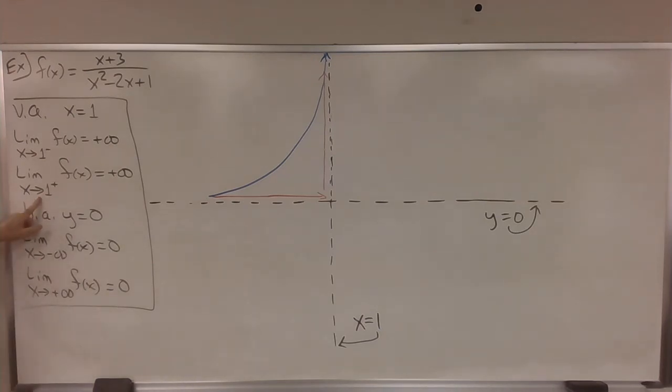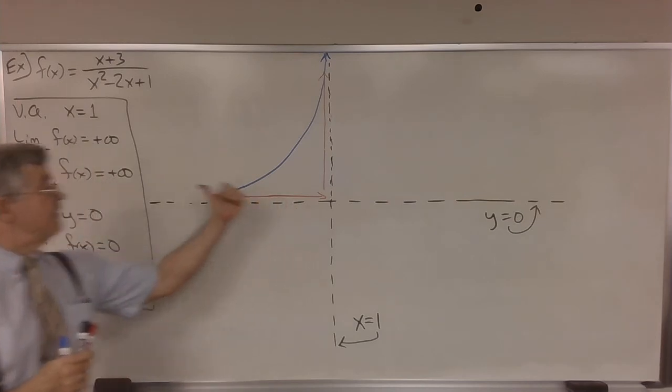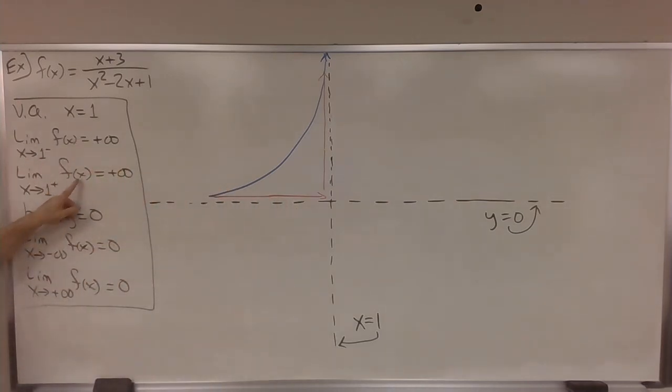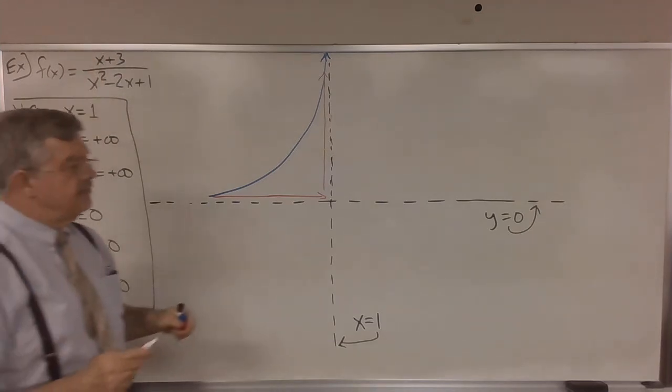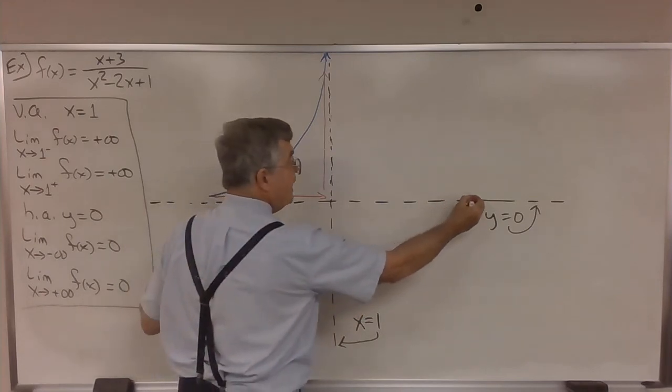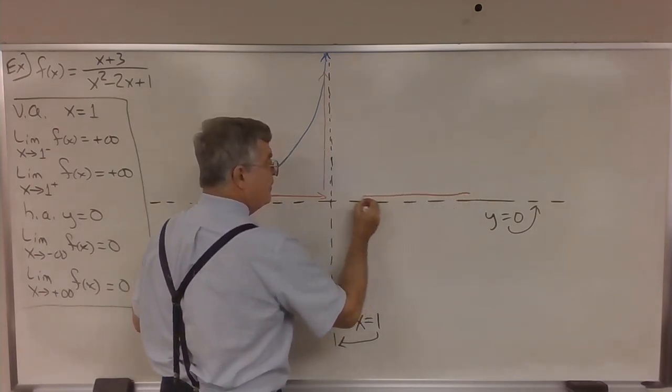Now we'll look at this guy. This limit tells us as x approaches 1 from the right, f of x, the y value, again goes to positive infinity. So here's x approaching 1 from the right.